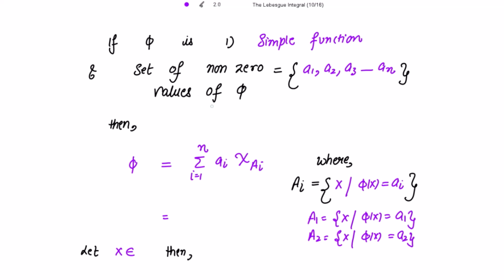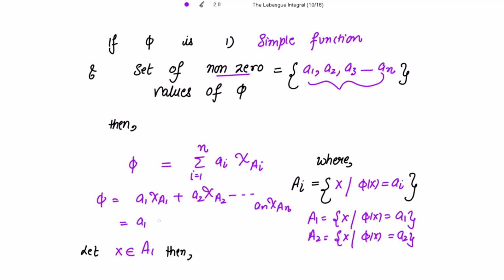This is the canonical representation of phi, provided these are the non-zero values of phi. So phi is equal to, let's open this summation, a1 chi A1 plus a2 chi A2, and so on, up to an chi An. Let x belong to A1 only. Then for x belonging to A1, chi A1 gives the value 1.